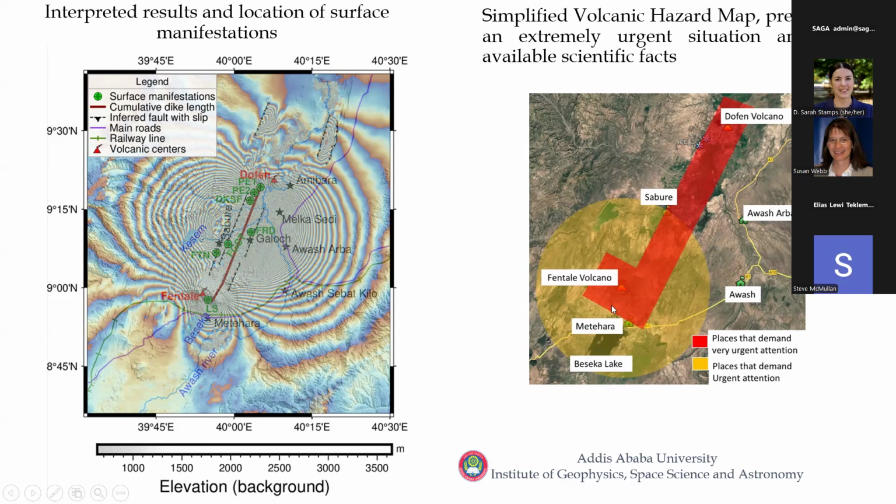We told them this is an area which needed urgent attention. Why we pulled it towards this direction is because we were fearing that, though Fentale was deflating, as you can see in the InSAR image, and this part was inflating, it might flip and Fentale might come aggressively and might block this road.